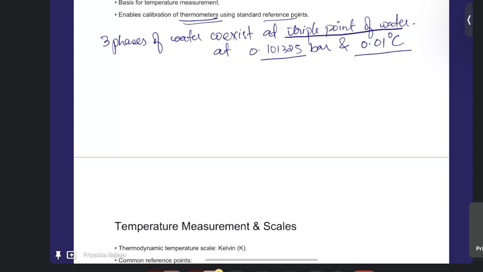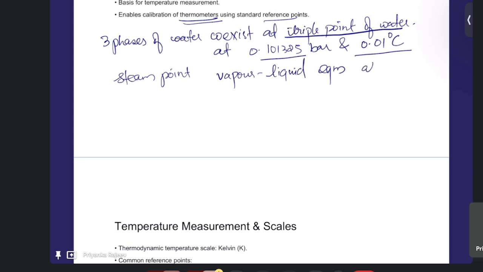Then another reference point that we have is the steam point. The steam point is vapor-liquid equilibrium.